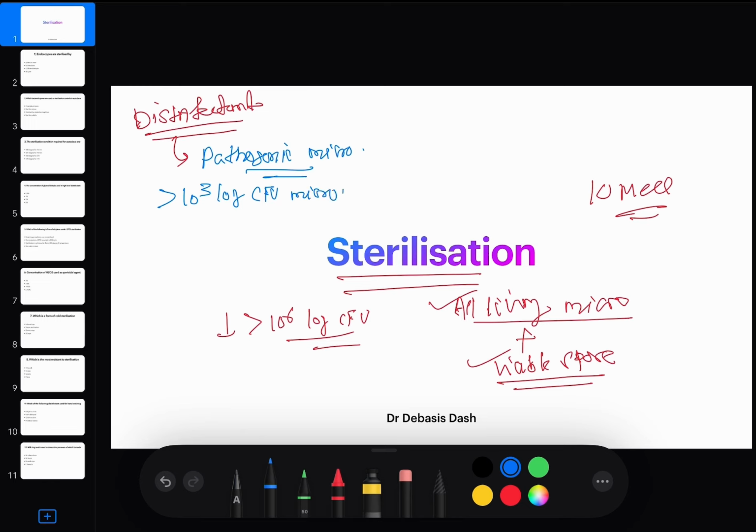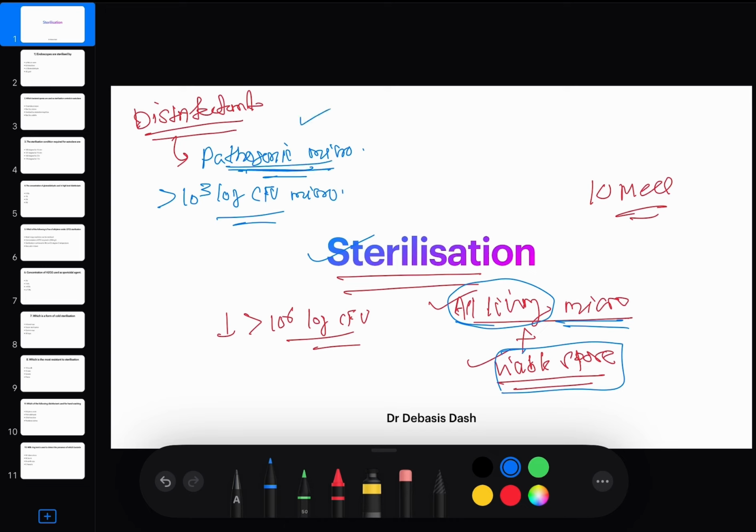Both terms are well explained. Sterilization means killing or eliminating all the living microorganisms along with the viable spores. Here there is no spore, and only the pathogenic microorganisms are killed.